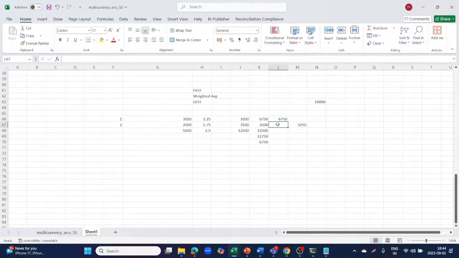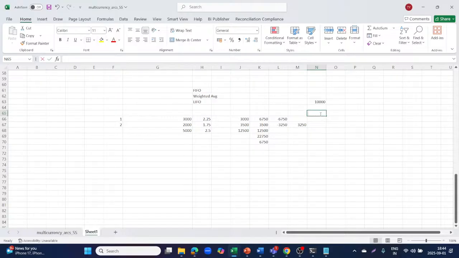Through the second batch we will subtract 3250, because everything is purchased at different costs. The different batches have been calculated separately. So if anybody has ordered 10,000, first in first out means this came first, so we'll subtract it from here completely, and the remaining 3250 will be subtracted from this.